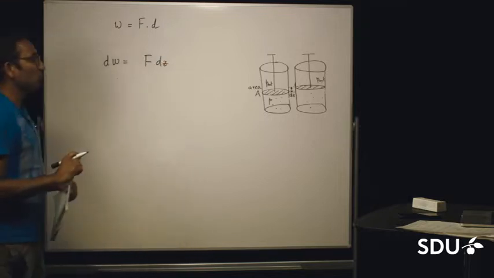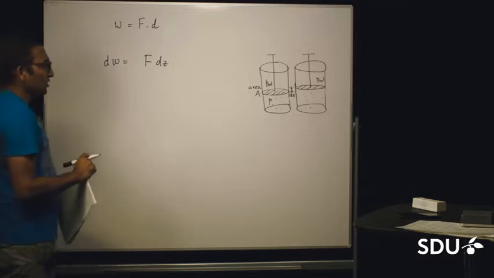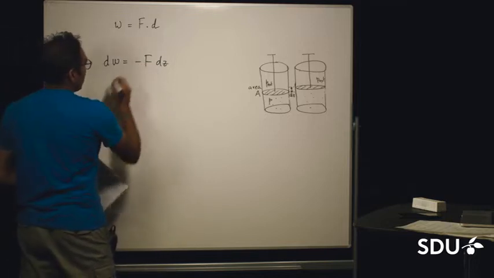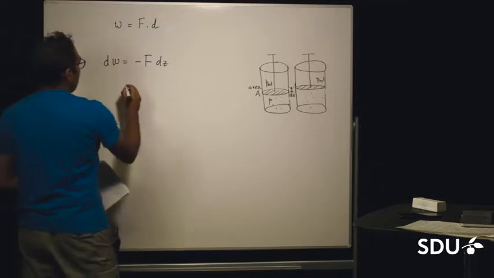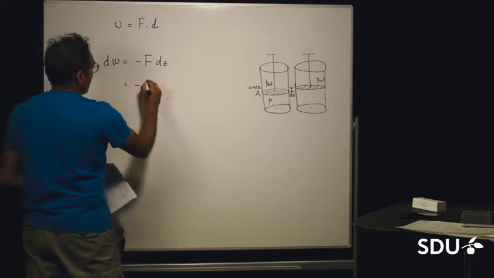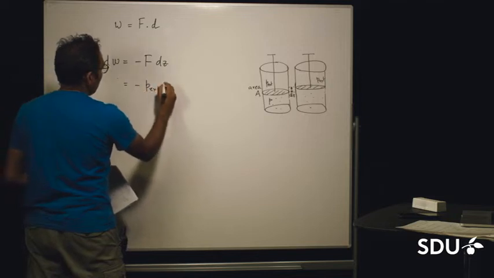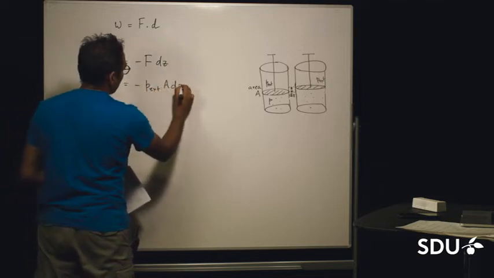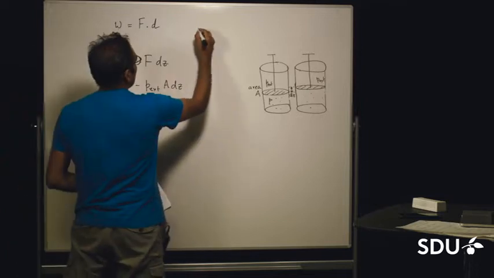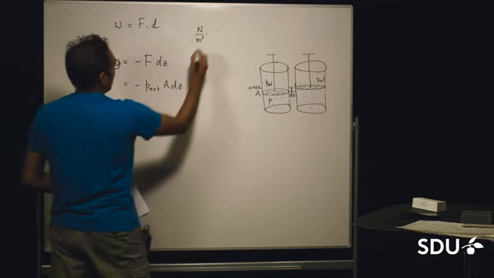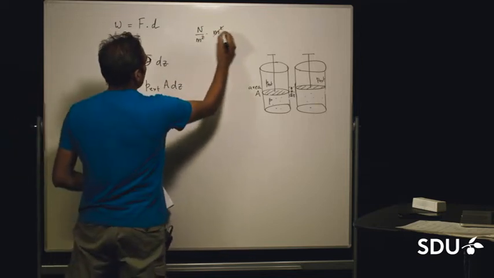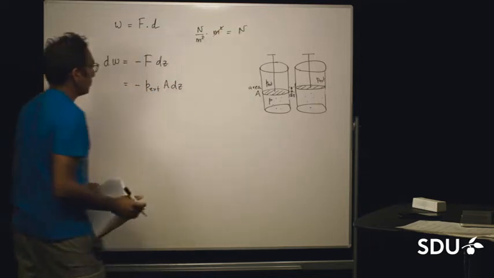Now, since the system is doing work when the gas expands, it loses energy, and therefore we put a negative sign in front of this work. What is this external force? This is nothing but the external pressure multiplied by the area of the piston. Remember that the units of pressure are Newton per meter squared, and if you multiply that by the units of area, these two cancel out and you get units for force.